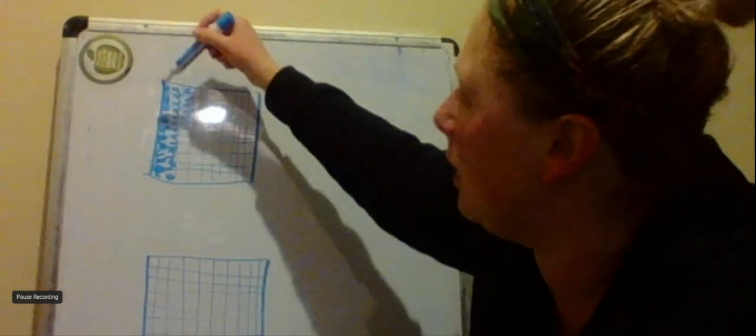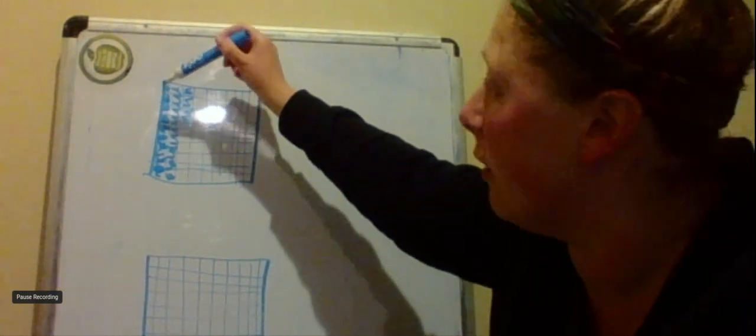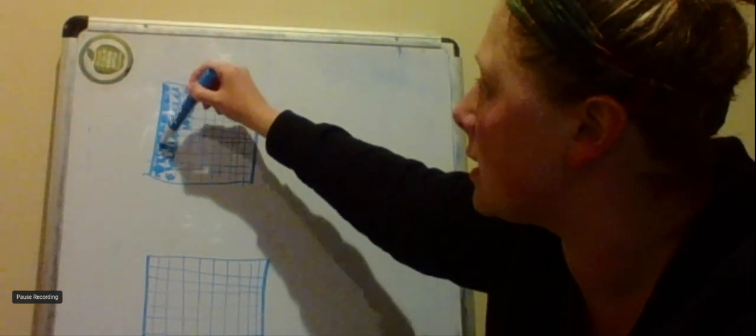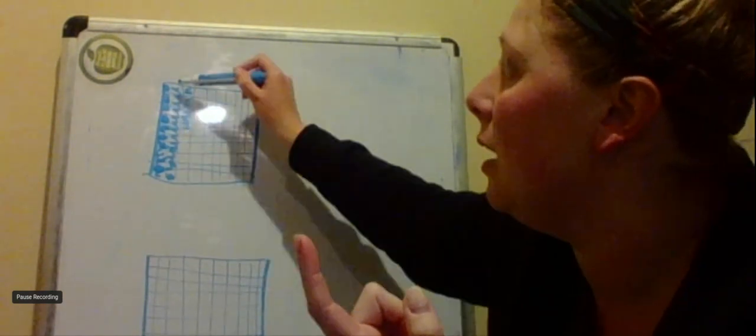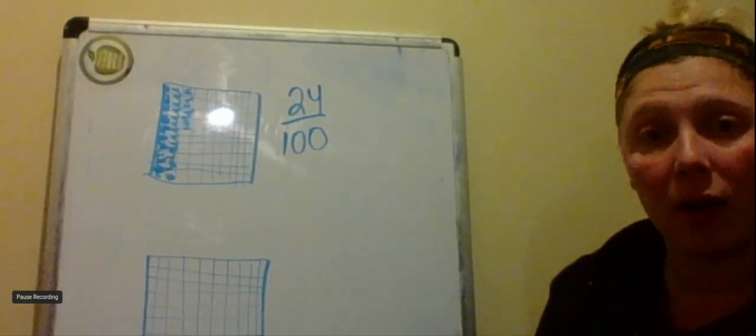I could sit here and count them all out, right? 1, 2, 3, 4, 5, 6, 7, 8, 9, 10, 11, 12, 13, 14, and so on. But we know that one row is 10 already, right? So we could just do 10. Another row completely colored is 20. And then 21, 22, 23, 24. So written as a fraction, this would be 24 hundredths, right? 24 pieces colored out of 100.